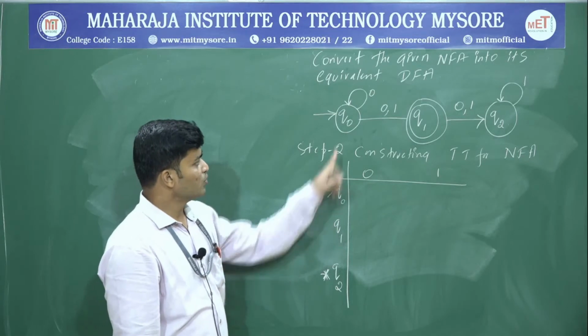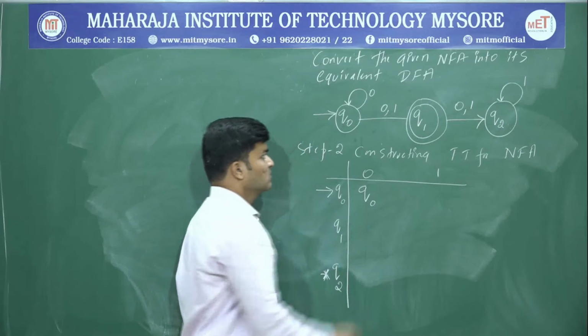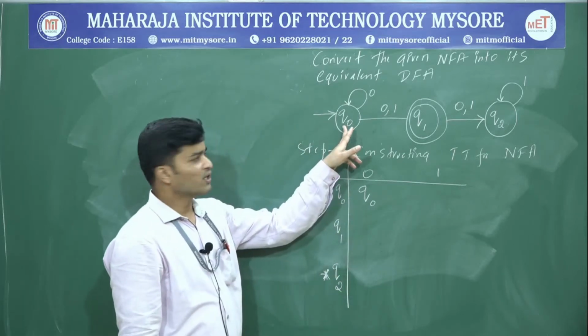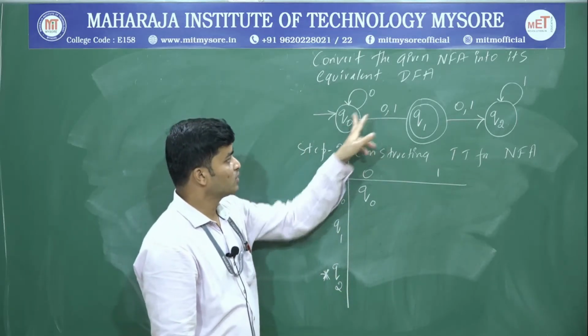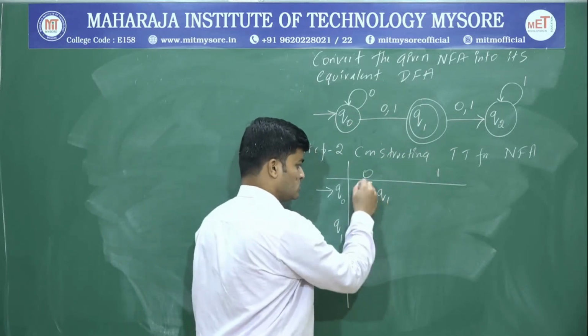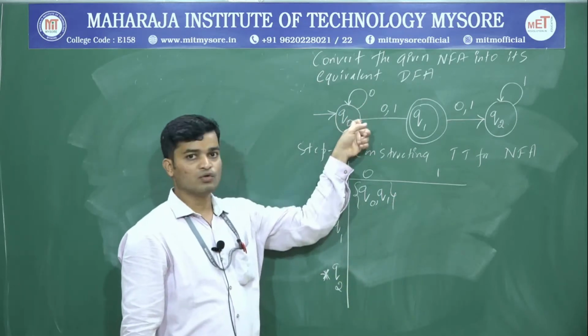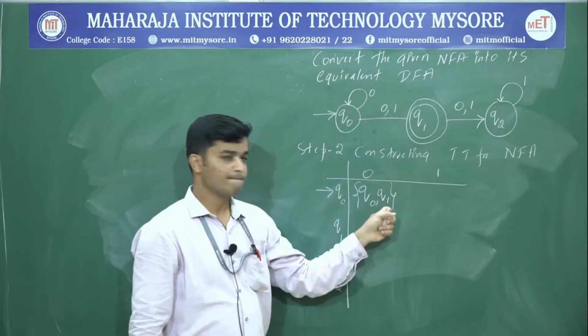What is Q0 upon 0? Q0 upon 0 is again Q0, and if you observe, there is one more transition, Q0 upon 0 is also Q1. So write a comma and write Q1, and use a bracket. So Q0 upon 0 is Q0 as well as Q1.